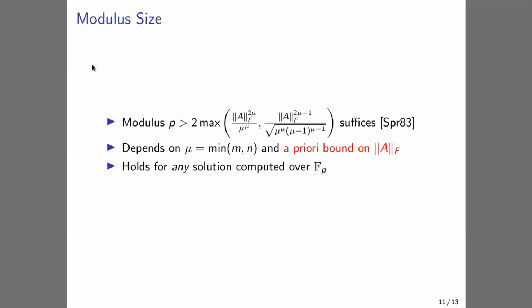As you can see, this bound depends on the dimensions of the matrix. I define mu as the minimum of the dimensions, but it also depends on the Frobenius norm of the matrix. So it is in some way dependent on the entries of your input matrix, and this approach is therefore limited to settings in which you can bound the size of the Frobenius norm of the input matrix.